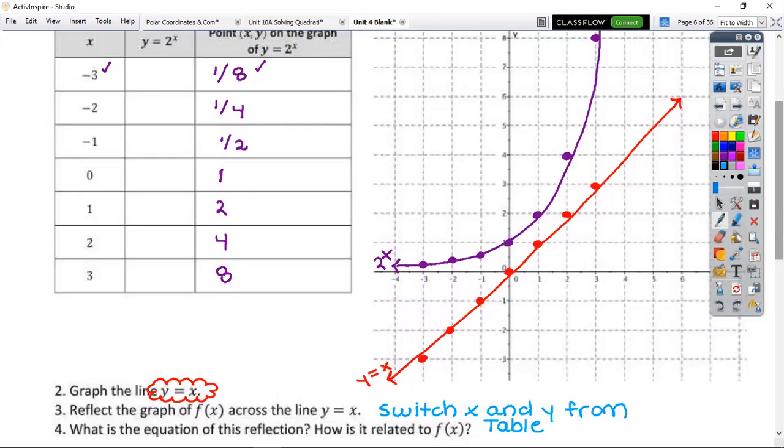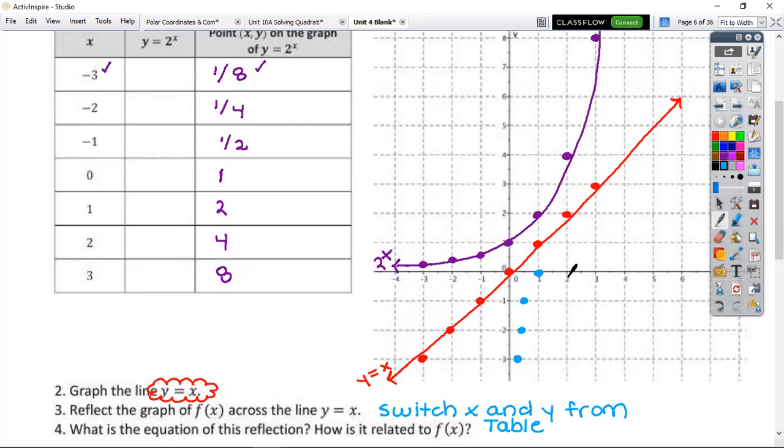my first point, instead of it being -3, 1/8, it's going to be 1/8 and -3. Next point, instead of -2, 1/4, it's going to be 1/4, -2. Next point, instead of -1, 1/2, it's going to be 1/2, -1. And then 0, 1 becomes 1, 0.